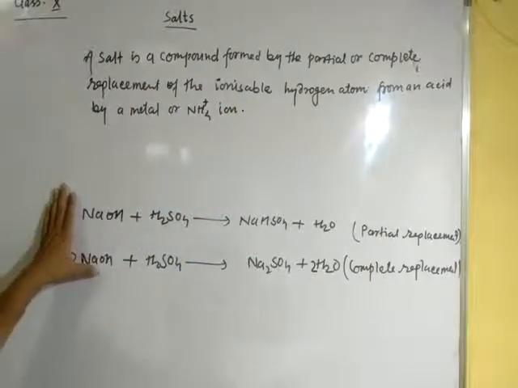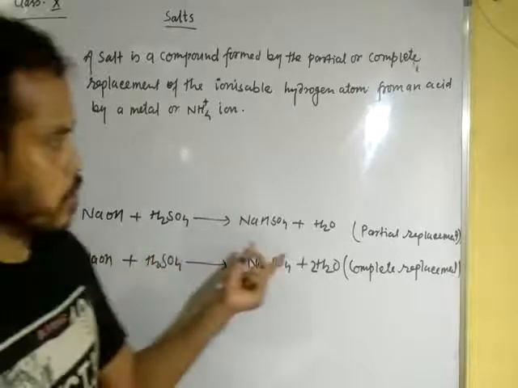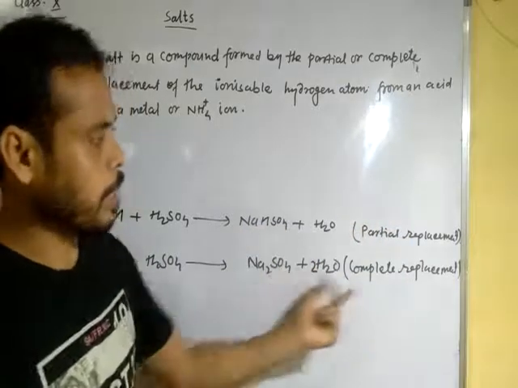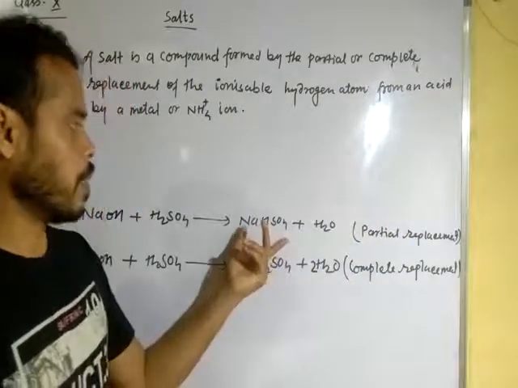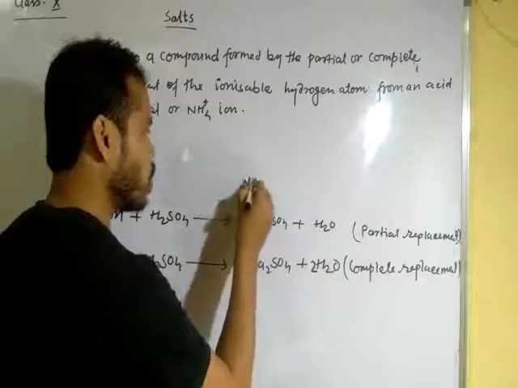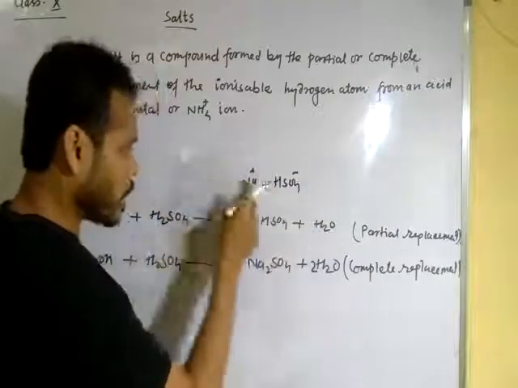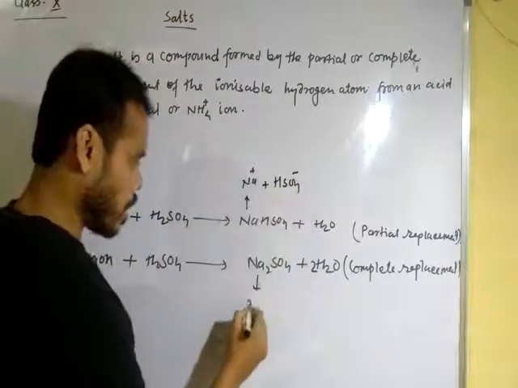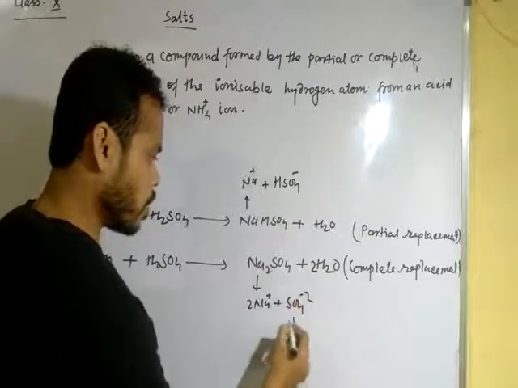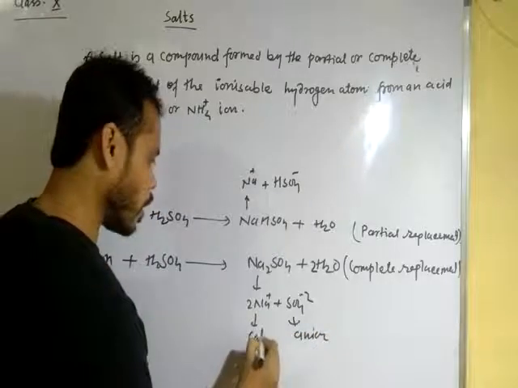According to these reactions, here you can see partial replacement takes place, while here complete replacement takes place. Partial replacement gives two types of ions: sodium ion and HSO4 negative ion, cation and anion. Here twice Na positive and SO4 2 negative, also anion and cation.